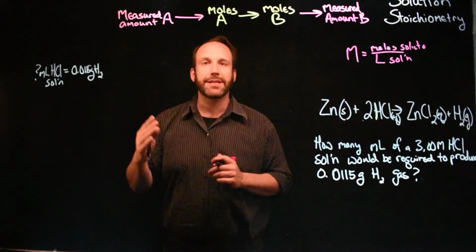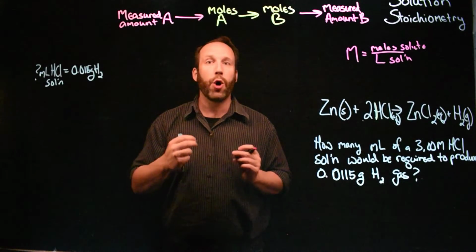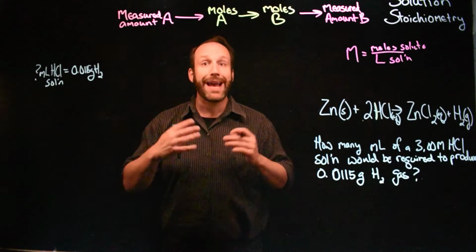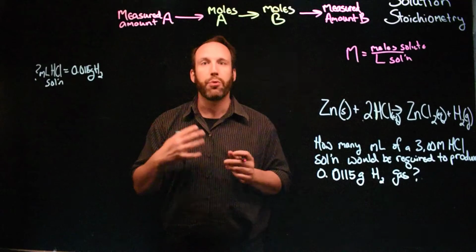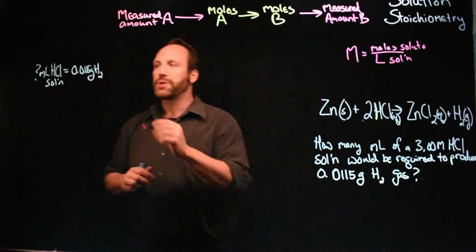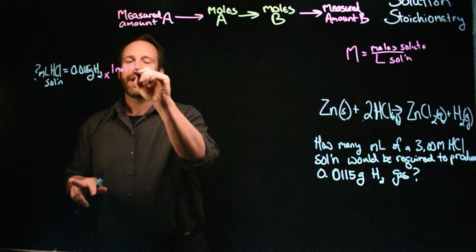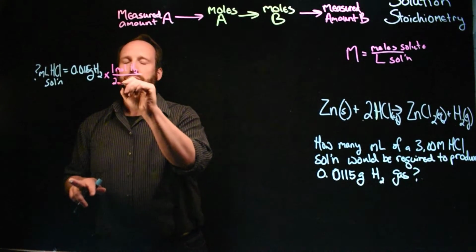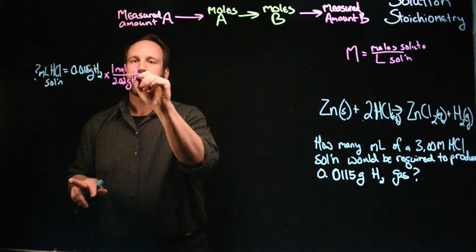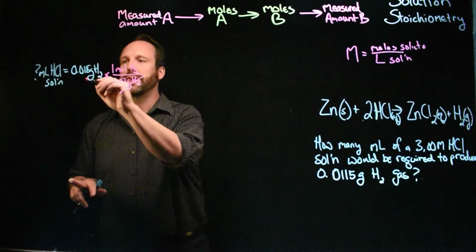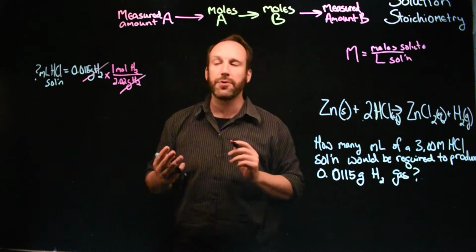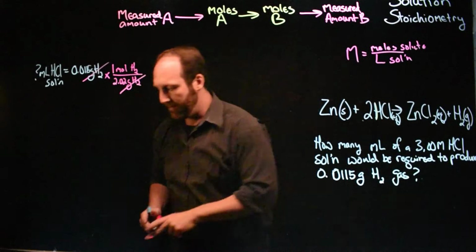So hydrogen has a molar mass of about 1.01 grams per mole, so H2 has a molar mass of 2.02 grams per mole. So I can say that in 1 mole of H2, there is 2.02 grams of H2, right? So grams of H2 in the denominator and in the numerator cancel, and we're in moles of A, okay?